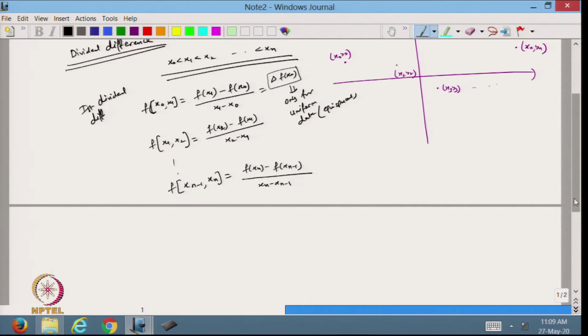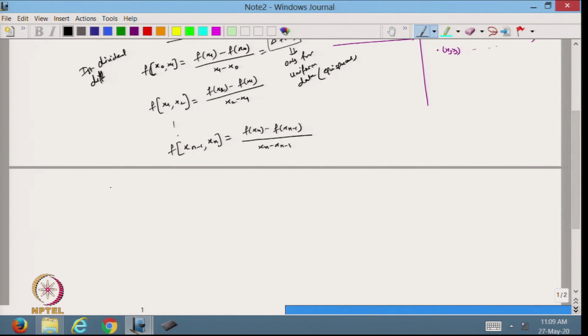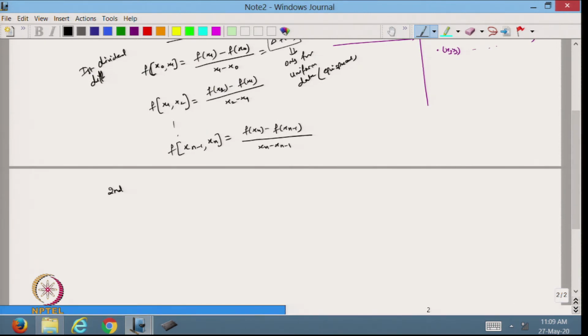So this is the first divided difference we have discussed. Similarly I can define the second divided difference. In the second divided difference, suppose I have 3 points. So I will write f[x0, x1, x2].